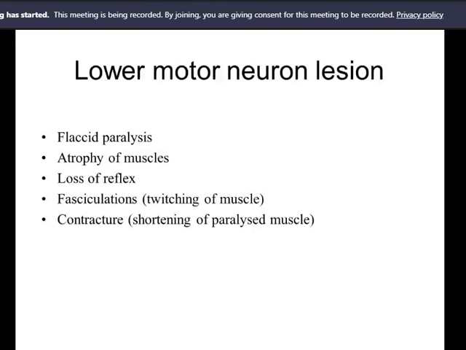If the lesion in the lower motor neurons occurs, then there will be flaccid paralysis, atrophy of muscle, loss of reflex, fasciculation and contracture.